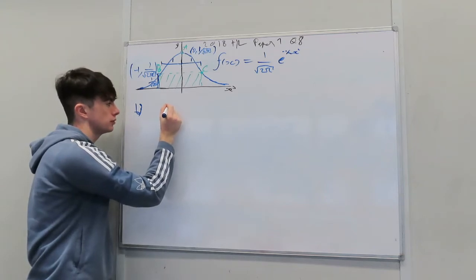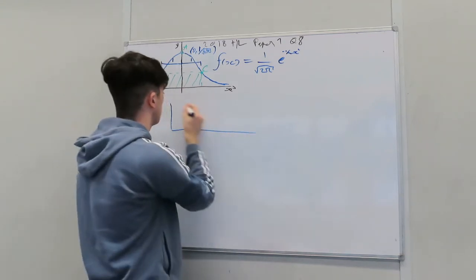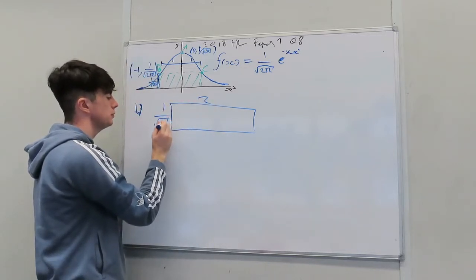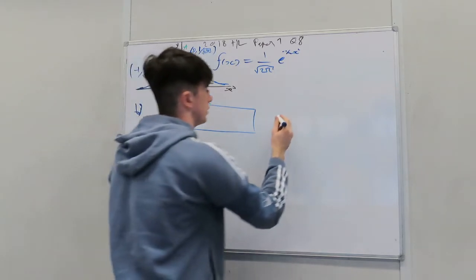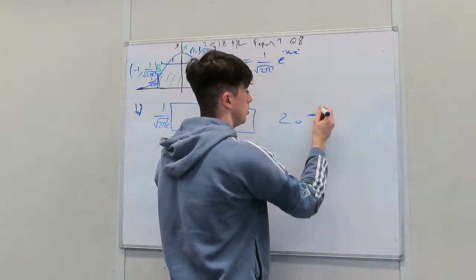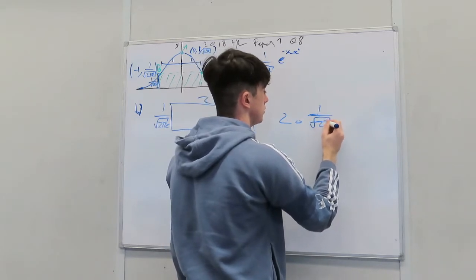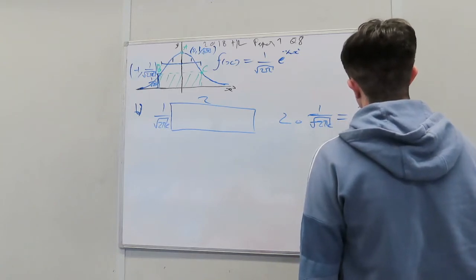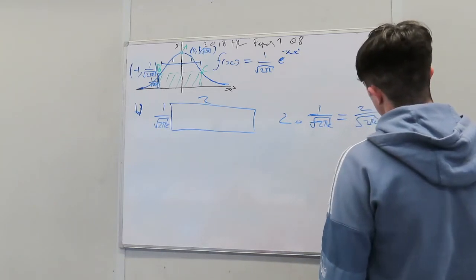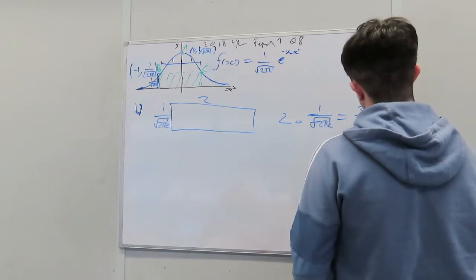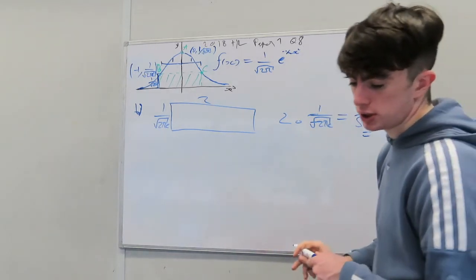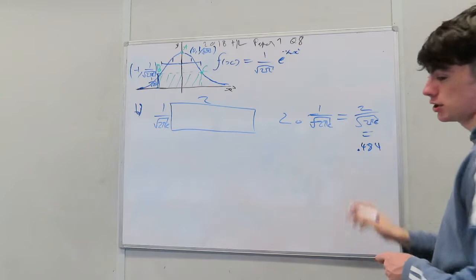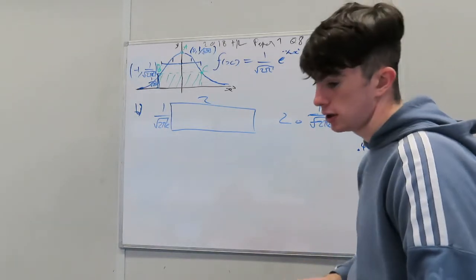So we'll draw the new rectangle up, which is 2, by 1 over the square root of 2 pi e. Then 2 multiplied by 1 over the square root of 2 pi e, you get 2 over the square root of 2 pi e. And the question asks us to put it to 3 decimal places, and it comes out as 0.484. Just throw that into your calculator, you don't need to do any more calculations for that.